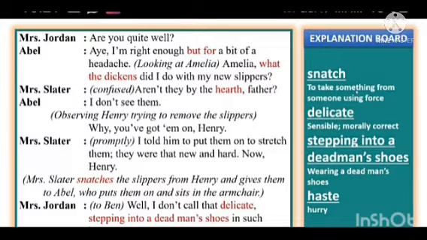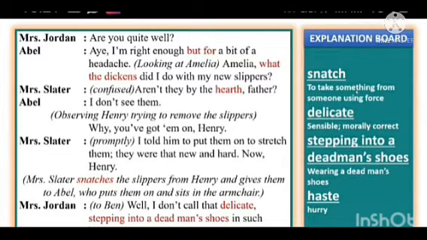And also, says Mrs. Slater promptly, I told him to put them on to stretch them, they were that new and hard. Henry? Mrs. Slater snatches the slippers from Henry and gives them to Abel, who puts them on and sits in the armchair.